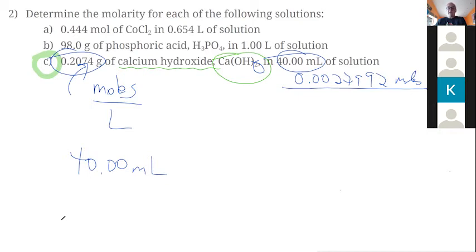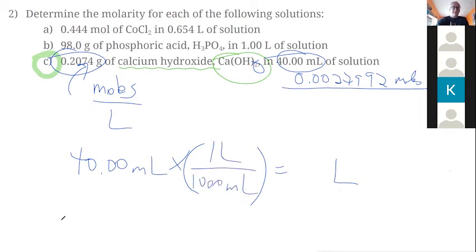So I need to change that unit to liters. What am I going to do? You multiply it by 1 liter over 1,000 milliliters. Exactly. That gets rid of my milliliters, which I don't want, and it leaves me with liters that I do. So how many liters is that?